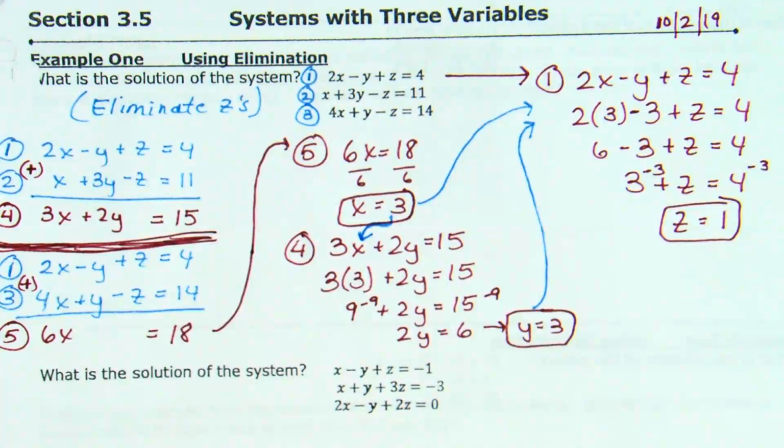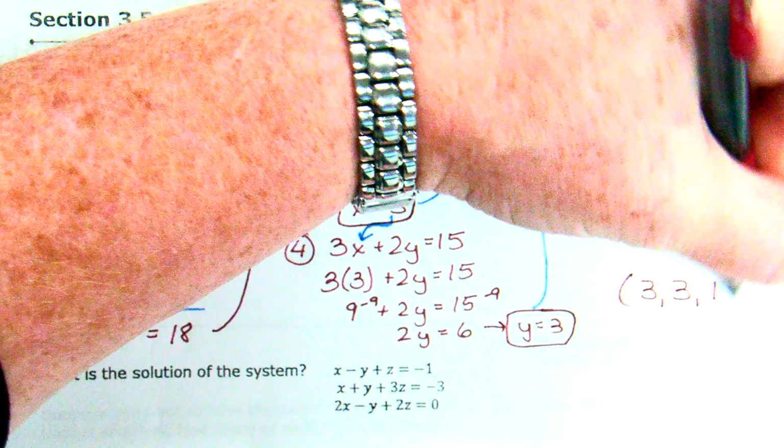How do we normally express our answers with elimination? Ordered pair. So today we're looking for an ordered triple, is what it's called. Ordered pair goes x, y, alphabetical, right? Ordered triple goes x, y, z. So that means my ordered triple is 3, 3, 1.